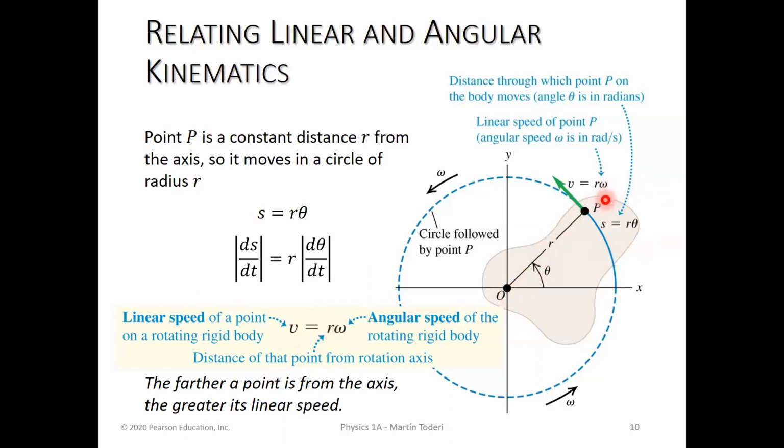So a particle, let's say a differential mass here, would have greater linear speed than a particle that is closer to the origin, although they have the same omega.